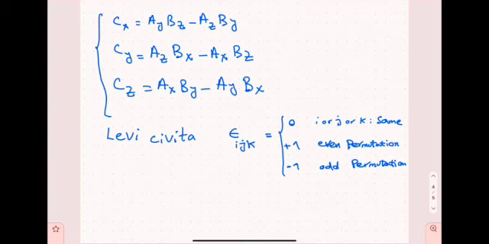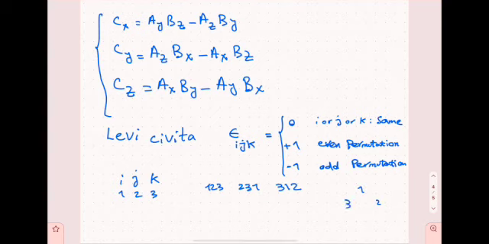So what do we mean by these permutations? Like, for example, imagine if we have i, j, k as numbers, for example 1, 2, 3, then an even permutation would be 1, 2, 3, or 2, 3, 1, or 3, 1, 2.